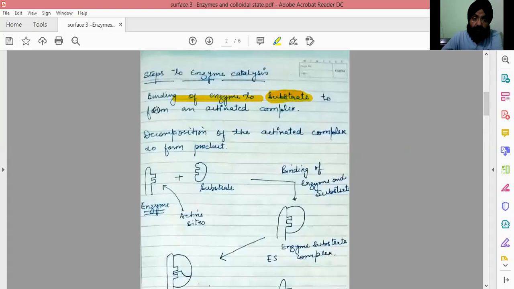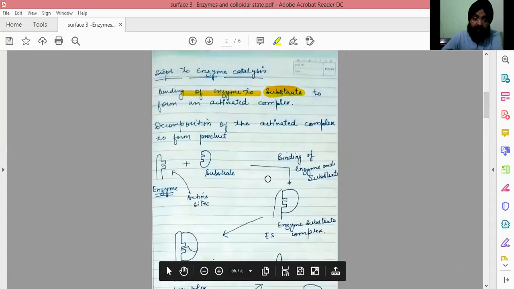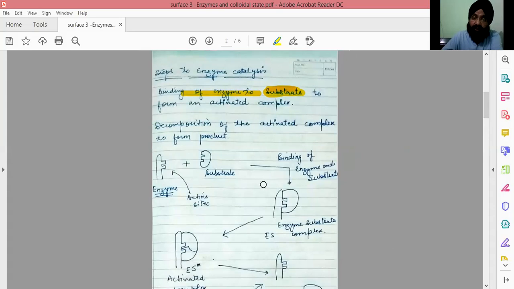So first they bind to the substrate molecule, then after that they decompose the activated complex and leave the product, and enzymes are then regenerated for reuse.